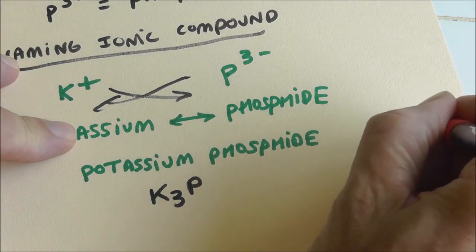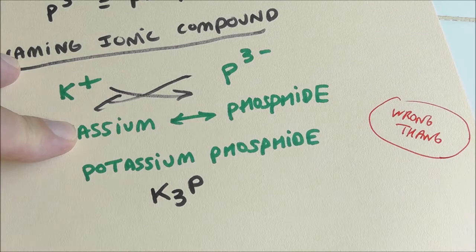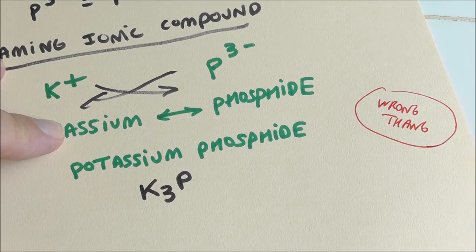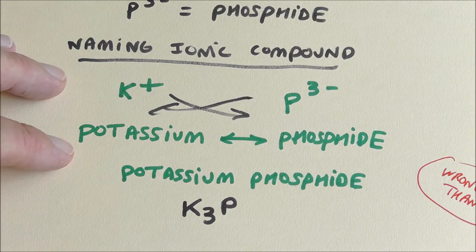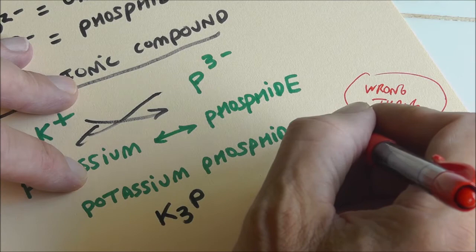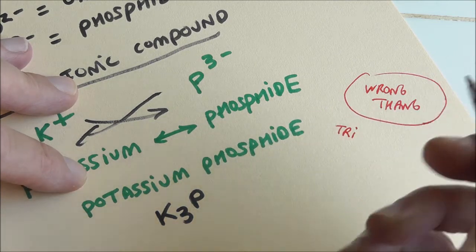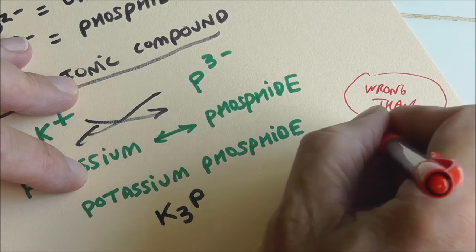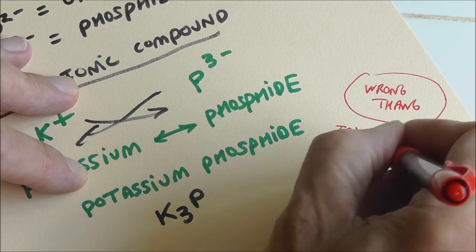Now I'm going to go over here in the naughty corner, and I'm going to do the wrong thing. I'm going to say that we have already slayed formulas, so you know that the formula here has got to be K3P. All right, and the wrong thing to do would be to call it, put some prefix on it, tripotassium phosphide.